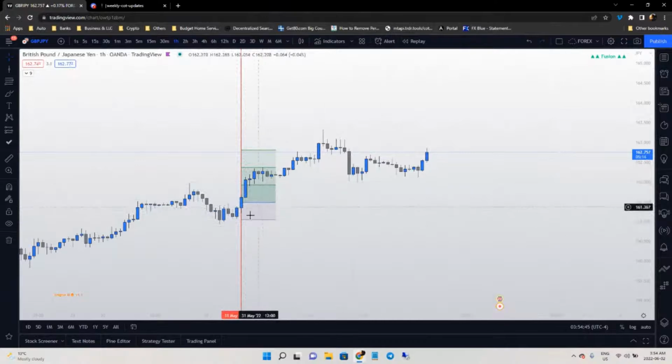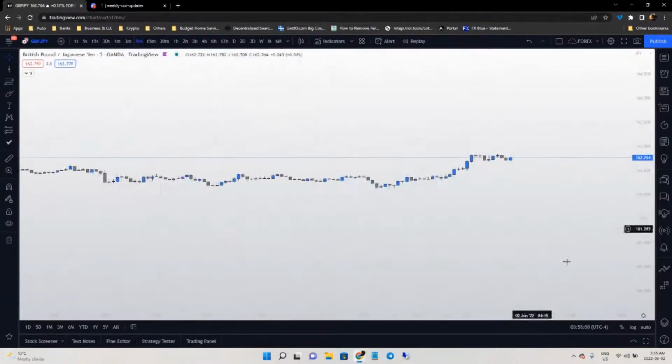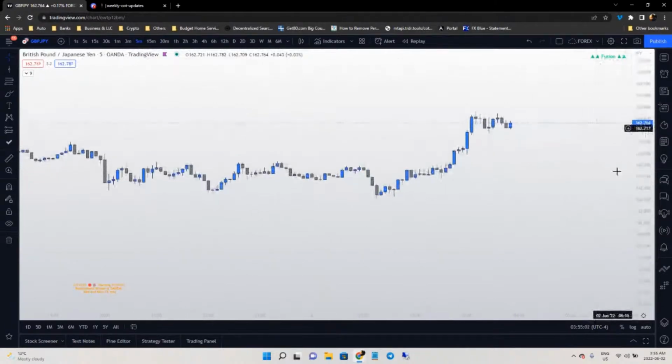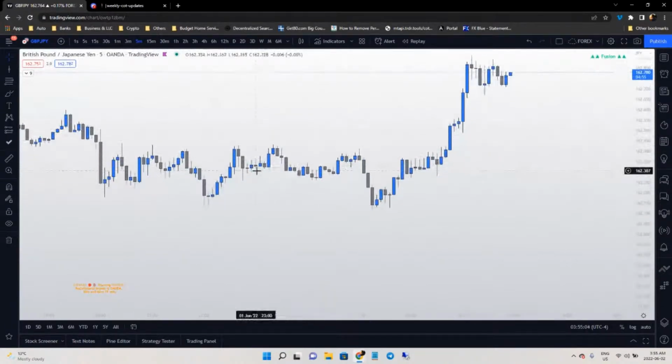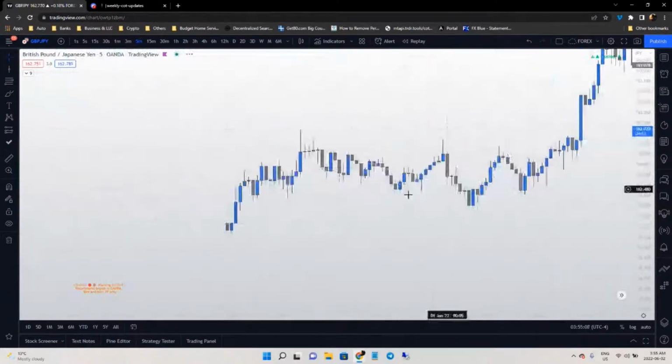So the risk to reward right now on Enigma is basically 1 to 3, but you could have a bigger risk to reward, a bigger R, if you go on the lower time frame. And what I'm doing is I'm going on the 5 minute chart to see where I could put my stop loss.